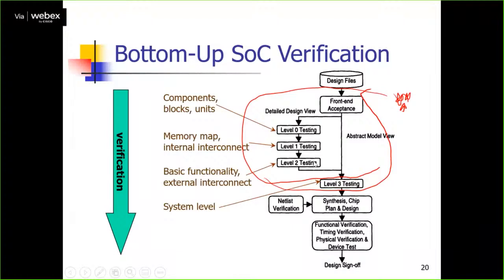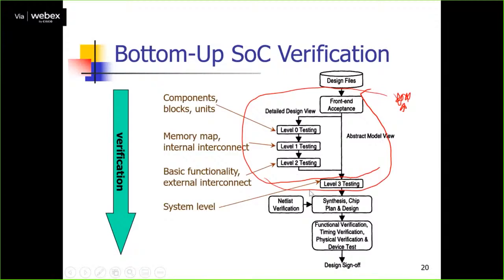Level 0 to level 1 is normally an abstract view. So you are testing independently from level 0 to level 1 to level 2, and that makes your design verified and validated for the given values.